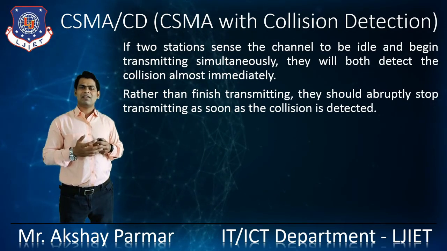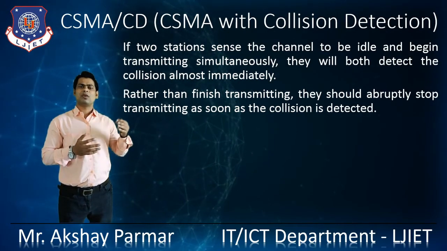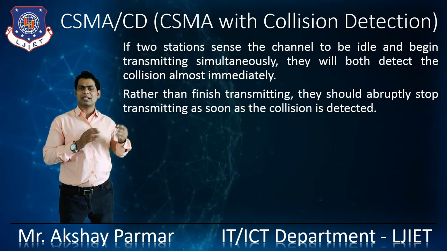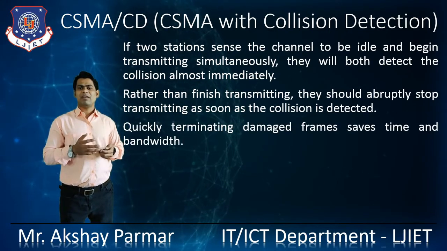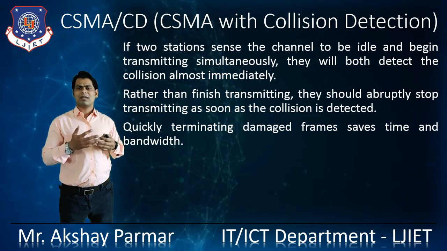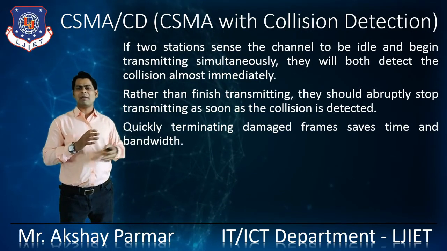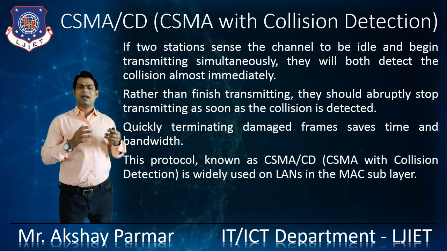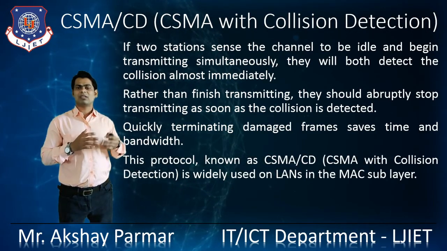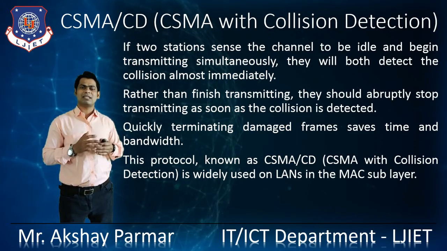Rather than finish transmitting, they should stop transmitting as soon as the collision is detected. Quickly terminating the damaged frame saves time and bandwidth, right? After that, they will wait for a random amount of time. So this protocol is known as CSMA CD.